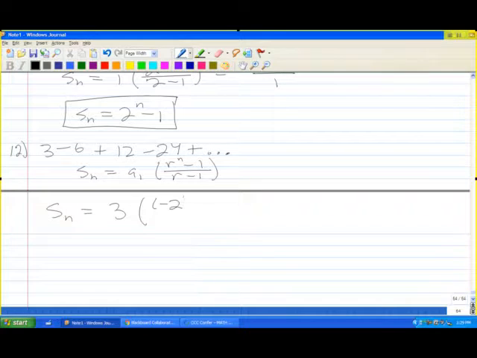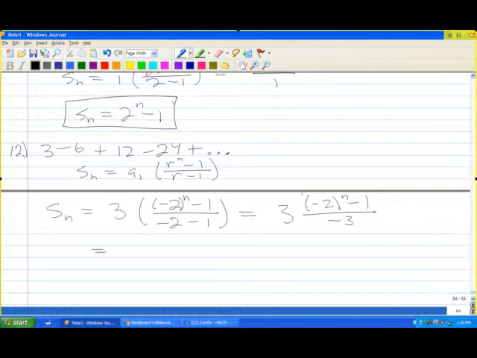So r is negative 2. And I have a negative 2 minus 1. And so this is equal to 3 times (negative 2 to the n minus 1) over negative 3. Well, I can cancel the 3's, and I just get a negative 1.